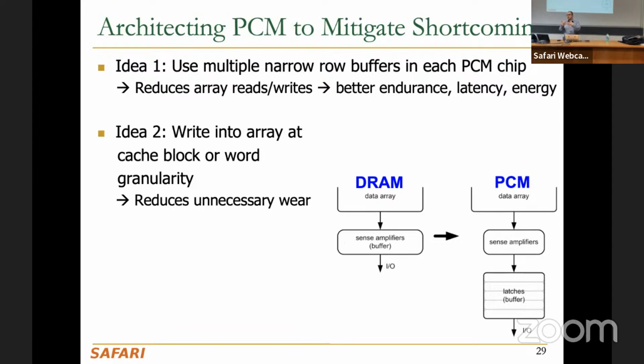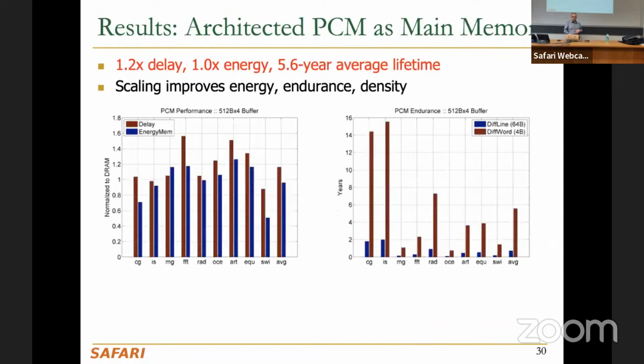That can reduce a lot of programming. So by implementing these two ideas, you get a performance improvement compared to the baseline, but you're still increasing the execution time by 20%. Your energy consumption is on par, and the average lifetime is longer.